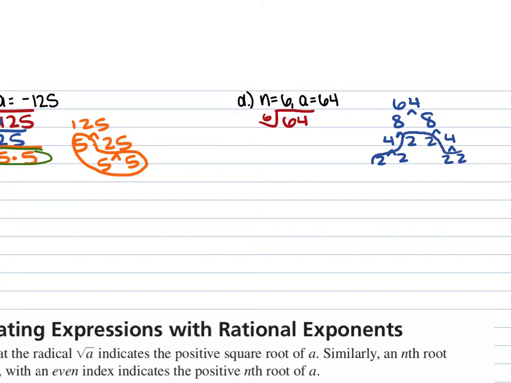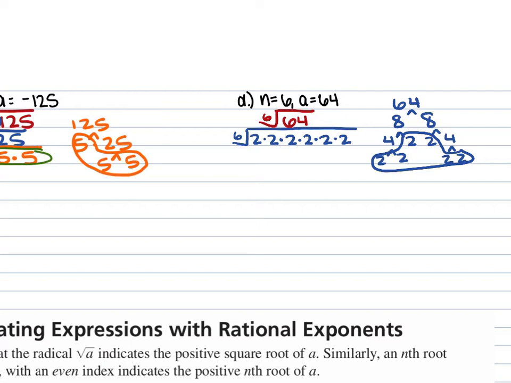So my prime numbers here, I'm going to rewrite them as the 6th root of 2 times 2 times 2 times 2 times 2 times 2. My index tells me in order for me to get rid of my radical, I need 6 of the same numbers.